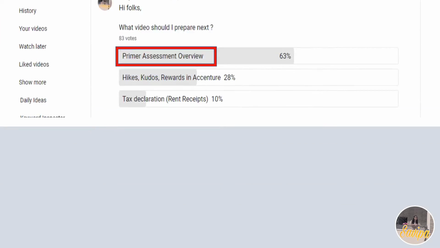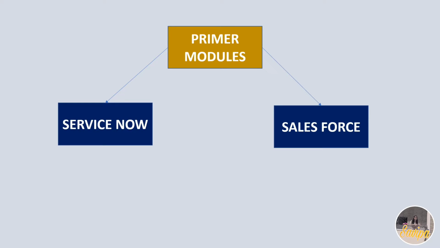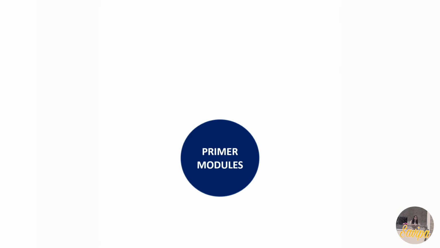Basically, we are allocated primer modules once you receive your offer letter. In these primer modules we have two sections: one is ServiceNow and the next is Salesforce.